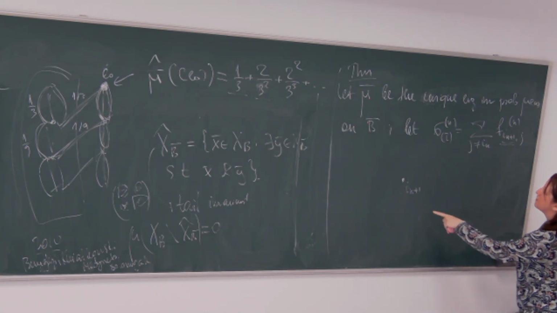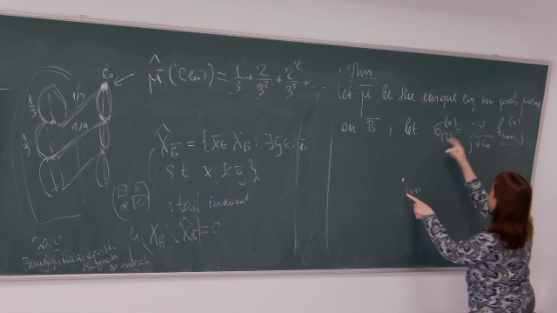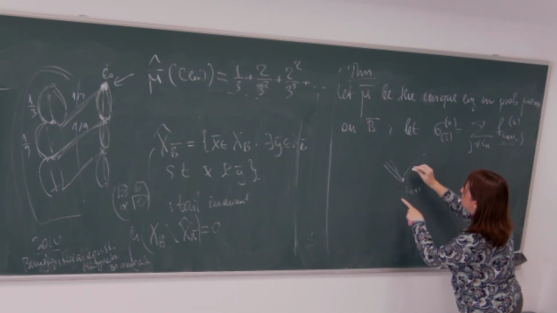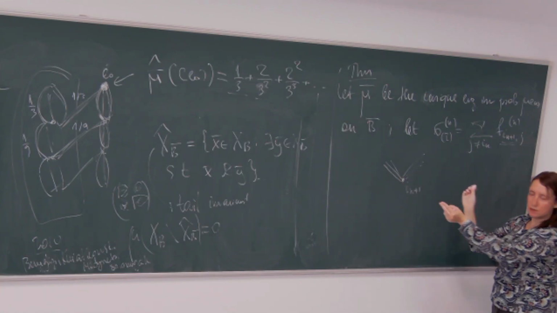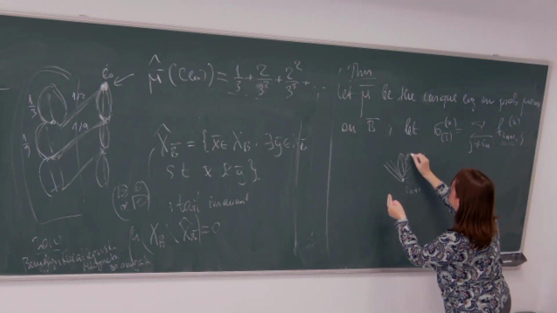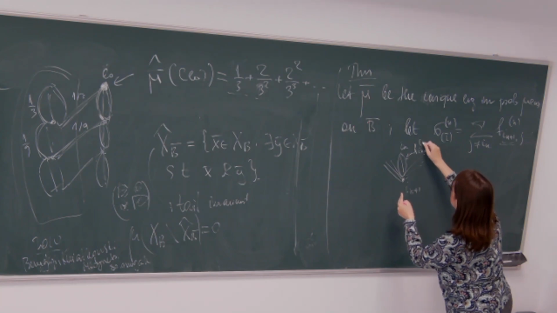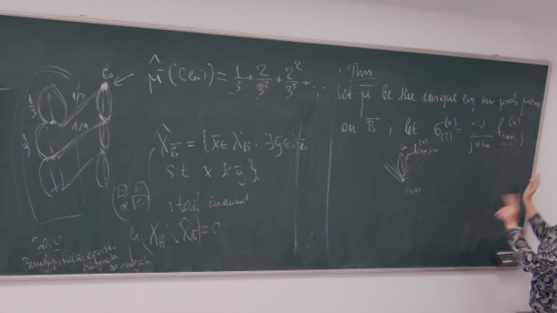So let us denote by this sigma the sum of the number of edges which go outside of the odometer, which are not inside. So here is inside the odometer, and here is the sum of edges outside.